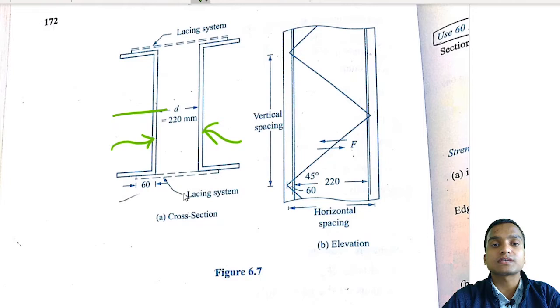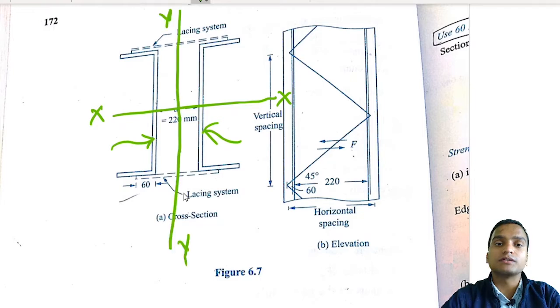So the XX axis will not differ here, even if we keep the distance value whatsoever, but the IYY value will differ, and it will depend on the value of this distance d, because the IYY value is given along the centroid of the channel section. So here we have to apply the parallel axis theorem for both channel sections, and the same thing is being done here.